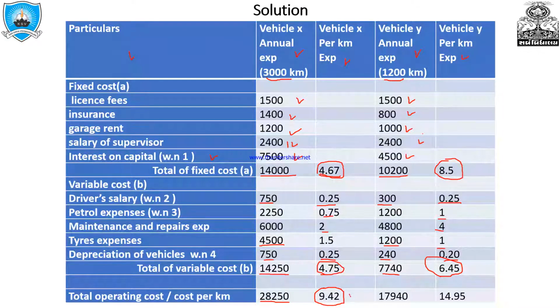Here is the answer for vehicle X. And 10,200 plus 7,740, answer 17,940 annual expense of vehicle Y, and per kilometer 8.5 plus 6.45, and the vehicle Y per kilometer expense is 14.95. So the answer for vehicle X per kilometer expense is 9.42, and for vehicle Y per kilometer expense is 14.95. So here the sum is complete.